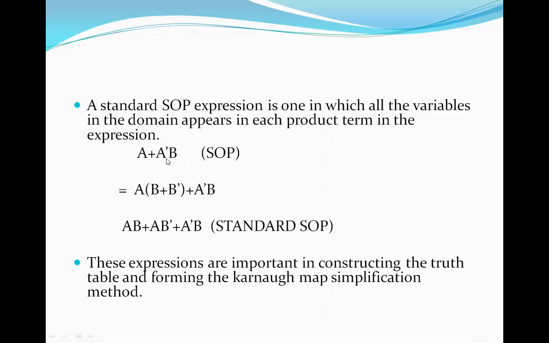In the first term here, we don't have the term B. The full domain of the expression is A and B. We have this expression defined on two variables, A and B, but in the first term the B term is missing.